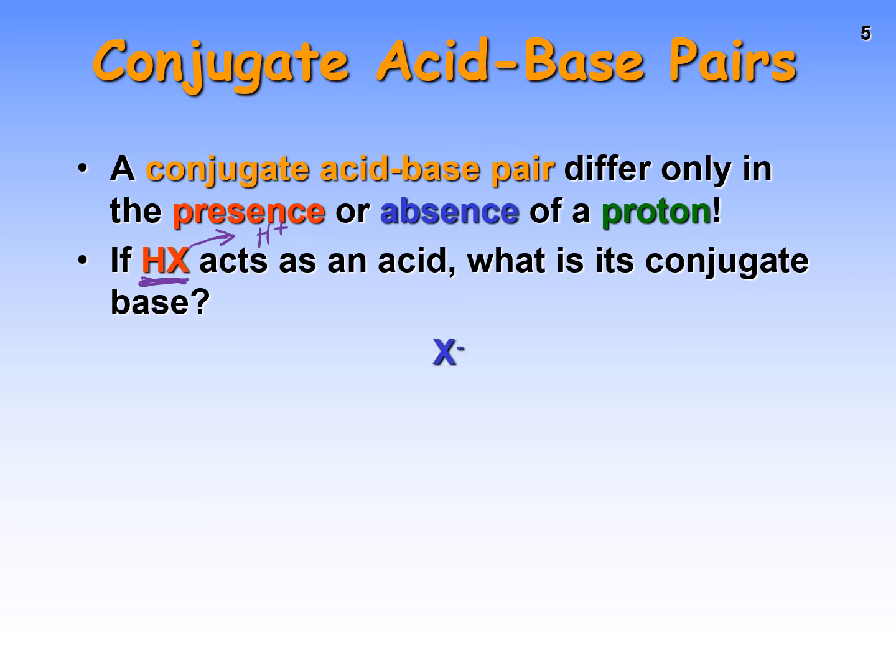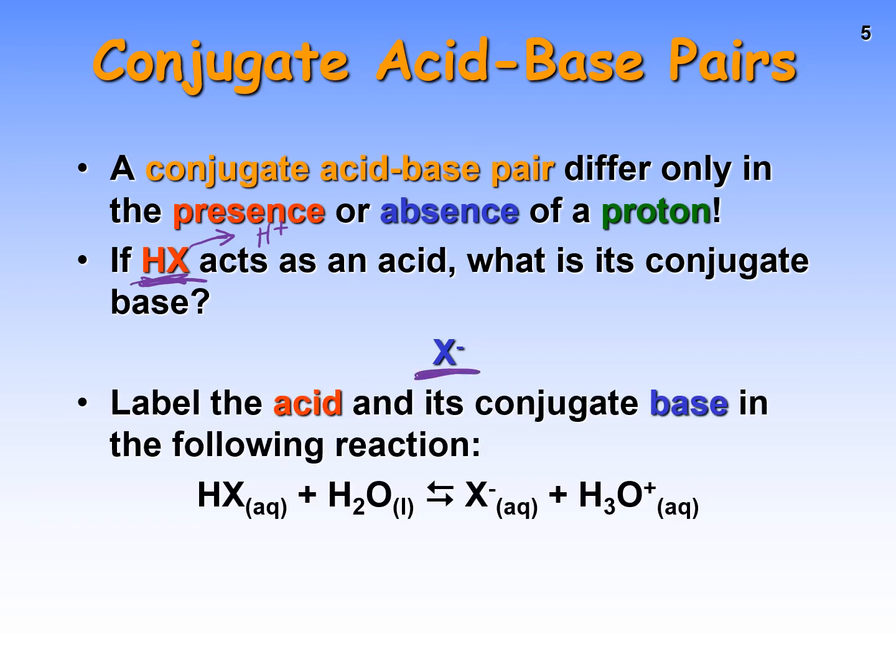So in other words, the H plus goes away. What do we have left? In HX's case, we have X minus, and this would be the conjugate base of HX. So let's label the acid and its conjugate base in the following reaction.